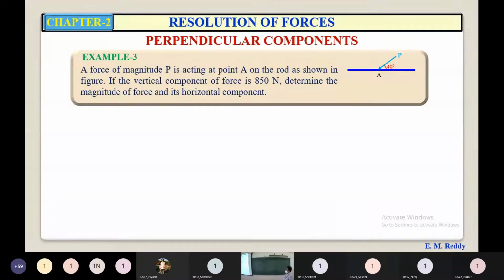Here, example 3. A force of magnitude P is acting at point A on the rod as shown in the figure. If the vertical component of the force is 850 Newton, determine the magnitude of the force and its horizontal component.